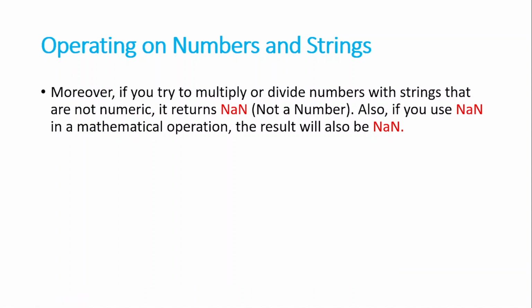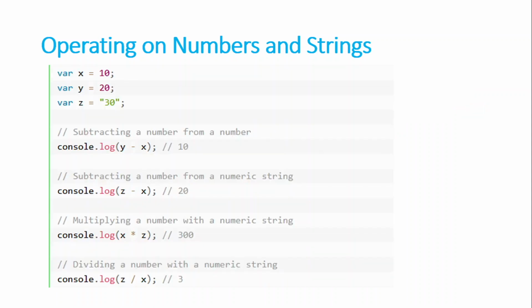Moreover, if you try to multiply or divide numbers with strings that are not numeric, it returns not a number. Also, if you use NaN in a mathematical operation, the result will also be NaN. In this case, 30 is a number, right? But it is enclosed in a string.